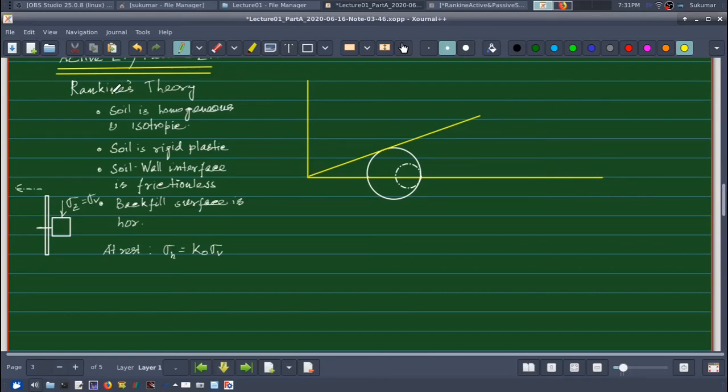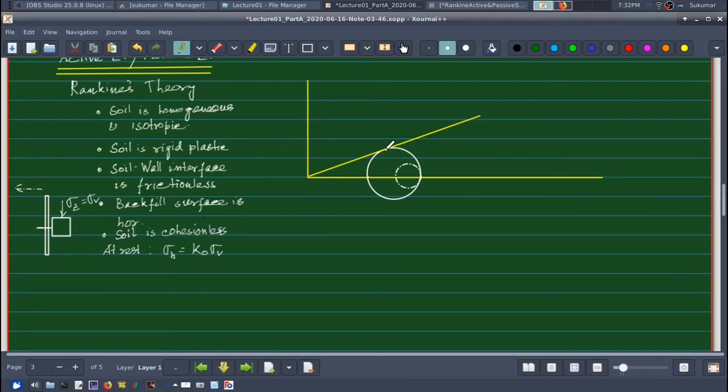Well, Rankine's theory originally was given for a cohesionless soil, and therefore that is another assumption, that soil is cohesionless. I forgot to mention this. Soil is cohesionless. So this is another assumption.